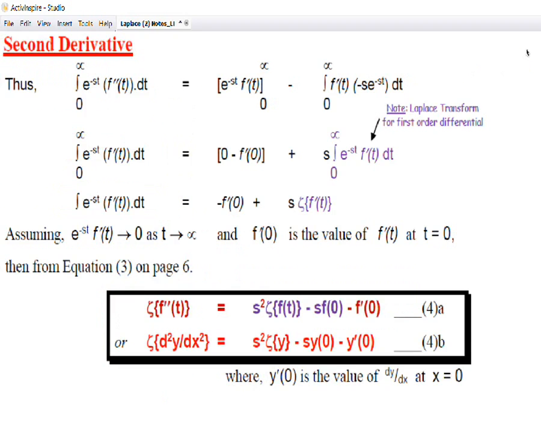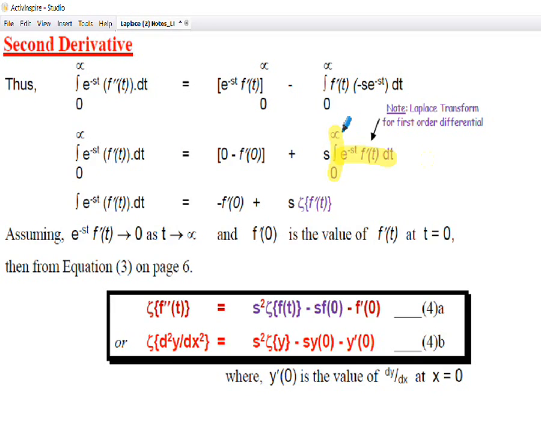I'm not going to labour this solution in any great way, just to show you that this time, when you put the terms into the integration by parts formula, this integral here is actually the Laplace transform of the first order differential equation we proved a few slides previously.